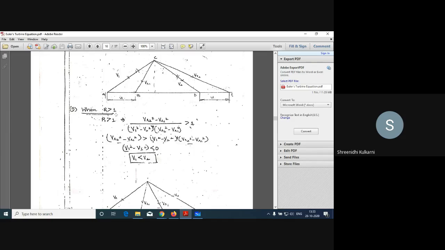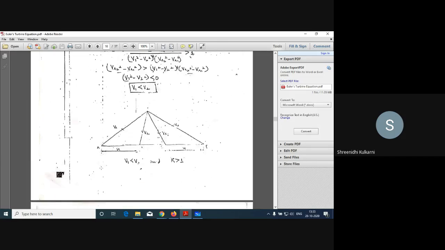But as the turbine runs, the absolute velocity should always be maximum at inlet. So this condition does not hold.